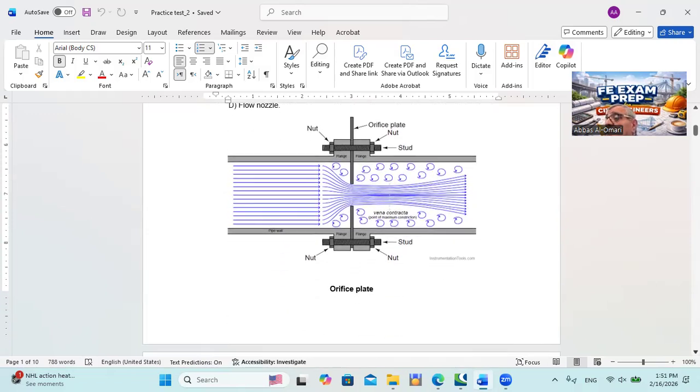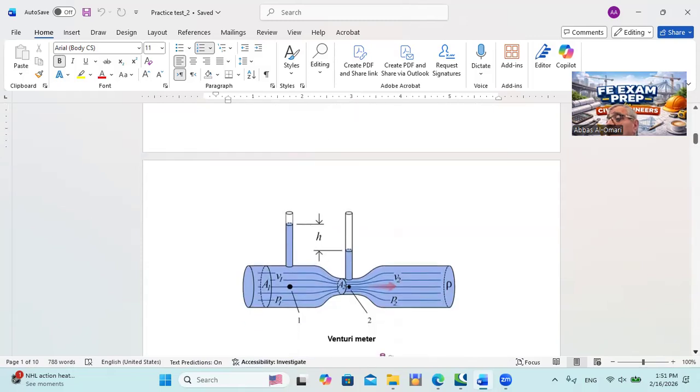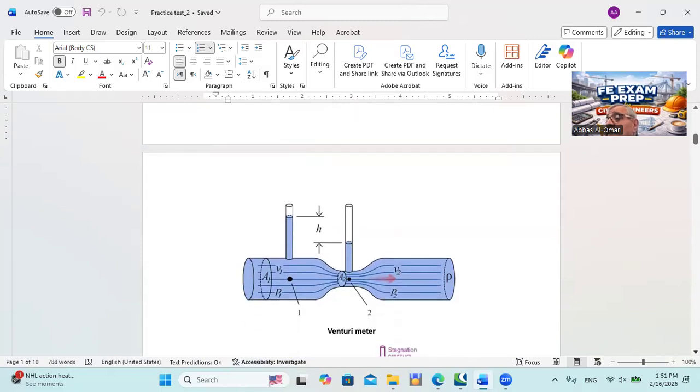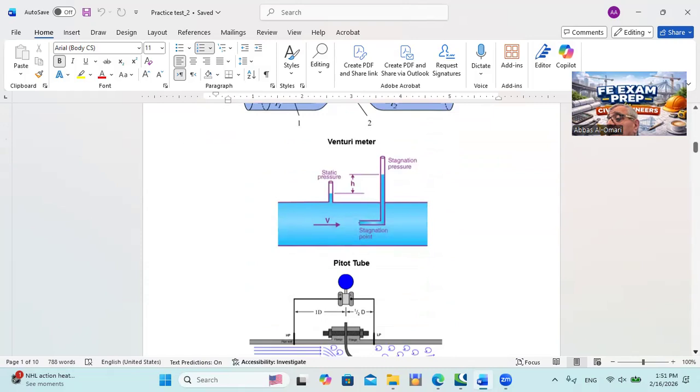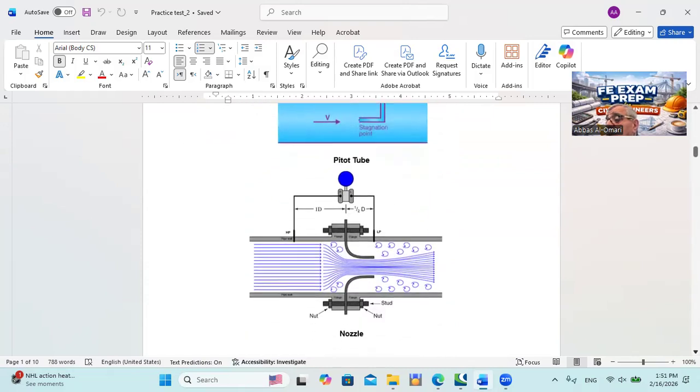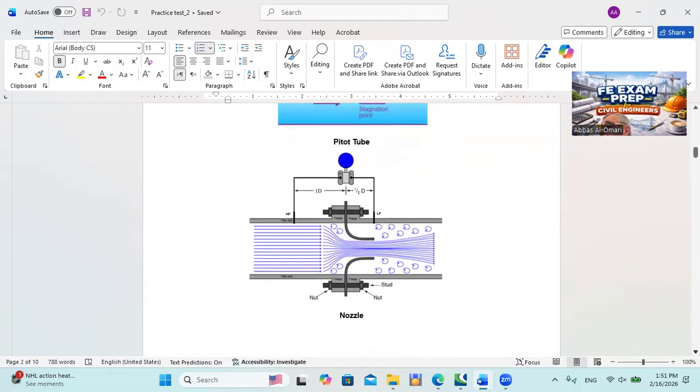Now the other two devices, the venturimeter and the flow nozzle, are similar in principle. They are similar to the orifice plate. So all of these three devices convert pressure energy upstream into kinetic energy, and that causes a pressure drop.